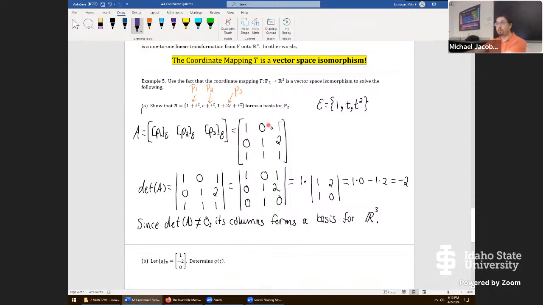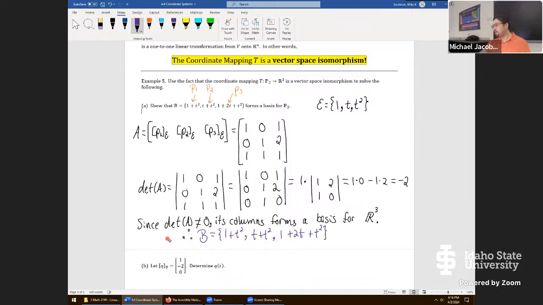But what happened with that matrix A was we got to there from the coordinate mapping of those polynomials. So this is our big conclusion we really wanted. We can now say, therefore, B, this set, 1 plus t squared, t plus t squared, 1 plus 2t plus t squared is also a basis for P2!